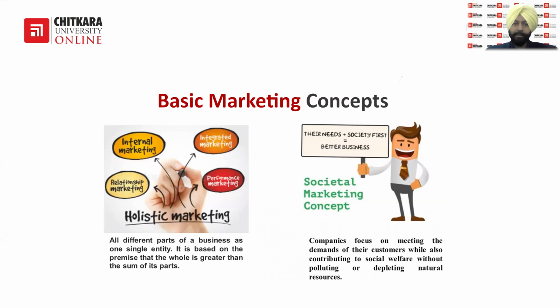Now let's look at some basic concepts, the marketing concept. We talked about holistic marketing earlier also. Here everybody is working towards the vision and mission of the organization. Nobody is working in isolation. Nobody is working in silos. All different parts of the business are working as one entity, based on the premise that the whole is greater than the sum of its parts.